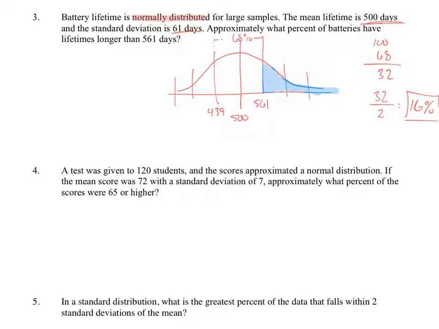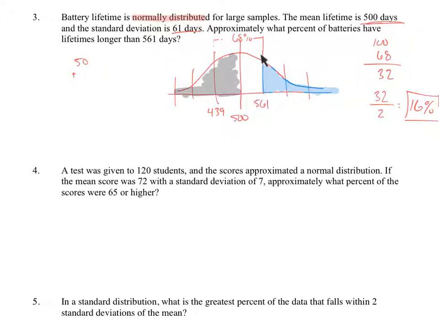The other way to do it, which is the way that I probably would have done it for some reason, everyone thinks differently, is I would have taken half. I know that this is half of my data, so that's 50%. All of this right here is 50% of the data. Now really I just have to figure out, I'm going to take this 50% and I'm going to add it to whatever this is, and then I'm just going to take that away from the whole. So what is this?